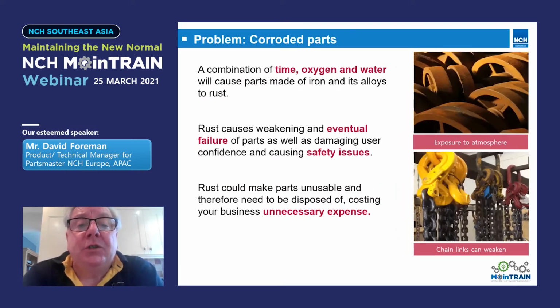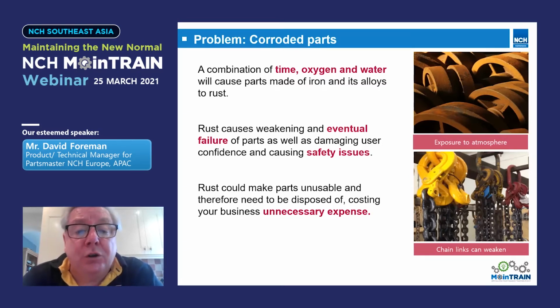A combination of time, oxygen, and water can cause parts of iron and alloys to rust. Rust causes weakening and eventual failure, as well as damaging user confidence and causing safety issues, particularly with regards to critical areas like lifting gear, which you can see on the picture bottom right of my screen.